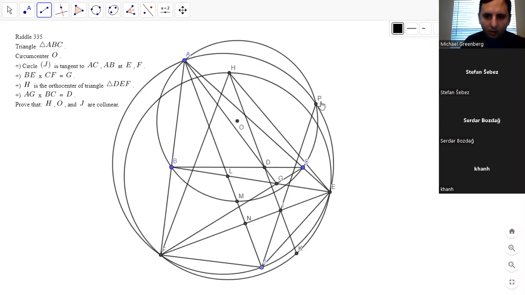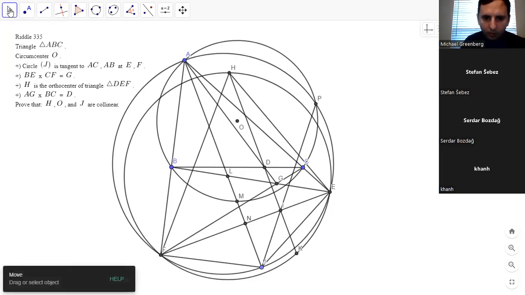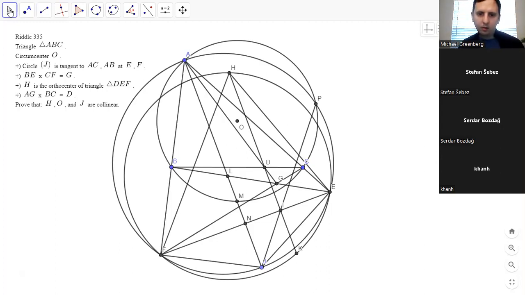Now we know that PF over PE equals BF over CE. So we want to prove that BF over CE equals IF over IE. And this is true because DI is the angle bisector of BIC, and two triangles BFI and IEC are similar.